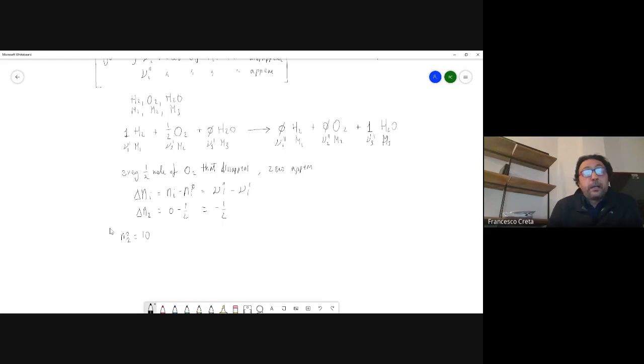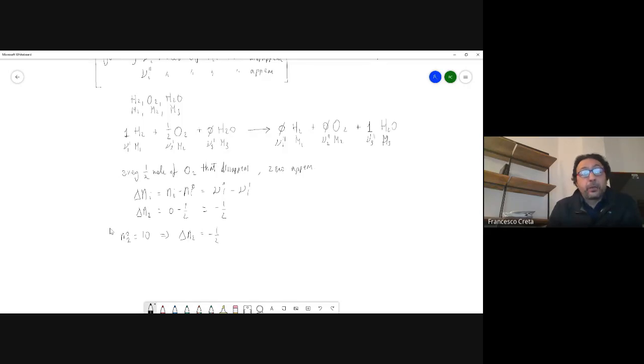However, whatever the choice of the initial number of moles of oxygen is, the chemical reaction here always tells me that delta N2 must be equal to minus 1/2.